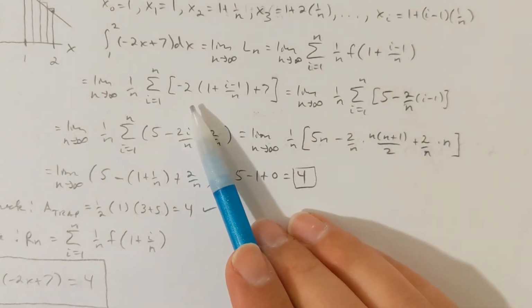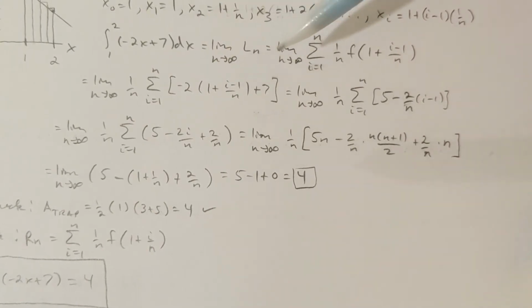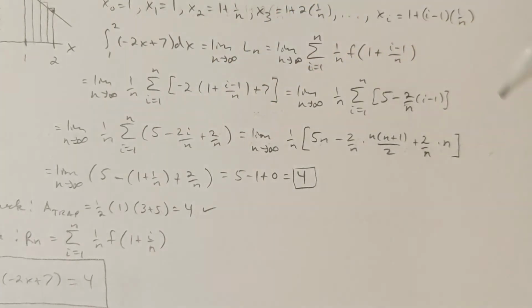But let's go ahead and split this sum into what would be 2 sums. Actually, it's going to be more than 2 sums, it would be 3 sums. And then you can apply your special summation formulas there.